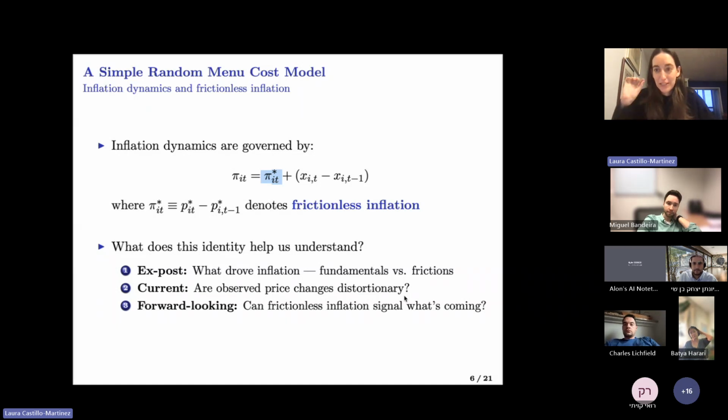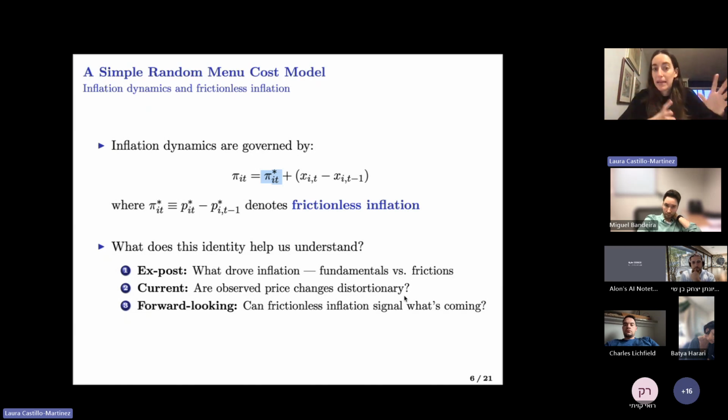When we say frictionless inflation, it's frictionless in the context of a menu cost model, where the type of friction that we're featuring is very specific. There's a bunch of other frictions that you can rewrite as a menu cost, and then we would be fine. It's just labeling. But there might be other frictions or deviations from the standard model, rational expectations or some sort, that I'm not capturing.